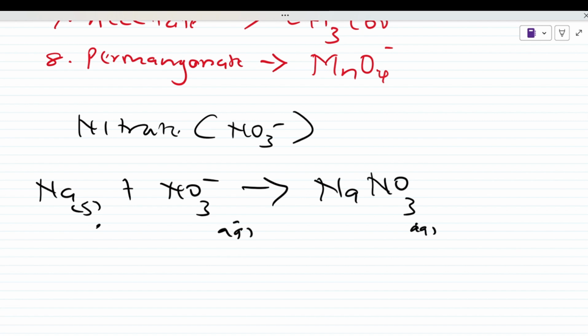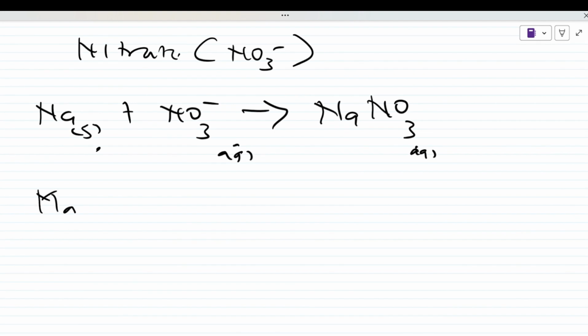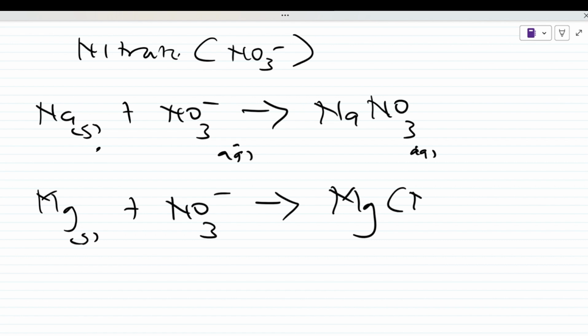Then I want to pick a group 2, Mg, solid, plus NO3 minus. What am I going to form? I'm going to form Mg into bracket NO3, close the bracket with a 2.